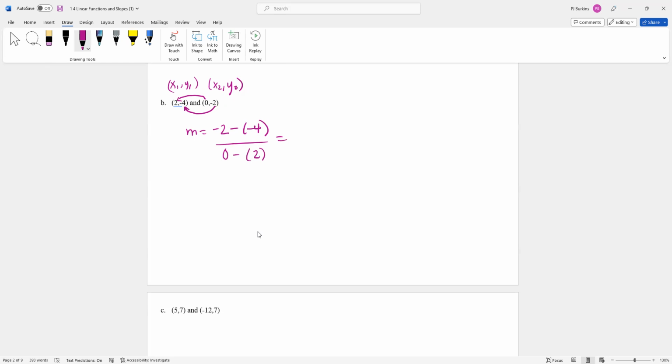So negative minus a negative makes that really plus. And 0 minus 2 is really just negative 2. Negative 2 plus 4 is positive 2 over negative 2, and I get a slope of negative 1. So if my slope is negative, I expect this function to be falling, or as I would prefer, decreasing.